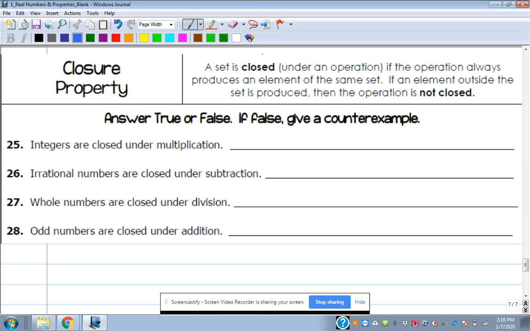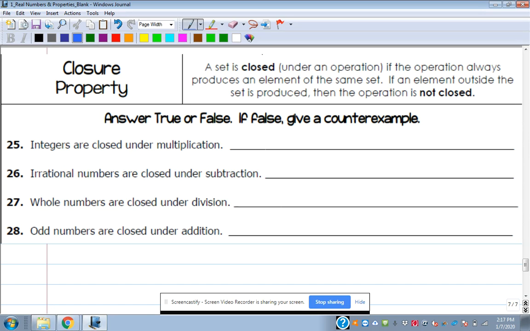So when we deal with integers, we want to know, is it closed under multiplication? So if I multiply an integer times another integer, do I always get an integer back? Can we come up with one that doesn't do that?